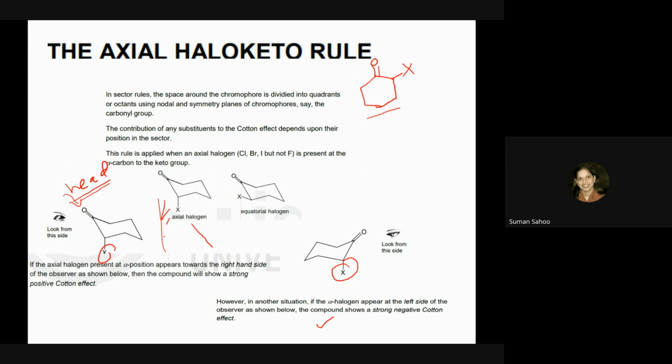If you get a positive Cotton effect, then you can tell the conformation of the axial halogen. If it is giving you a positive Cotton effect, then the conformation should be this one, or if it is giving you a negative Cotton effect, then this one should be the conformation.